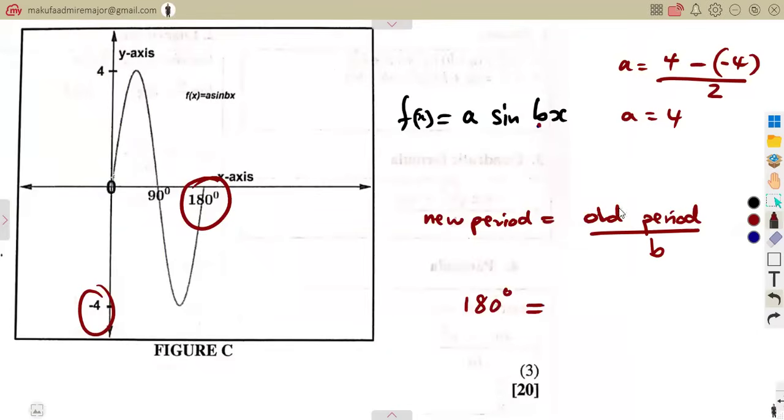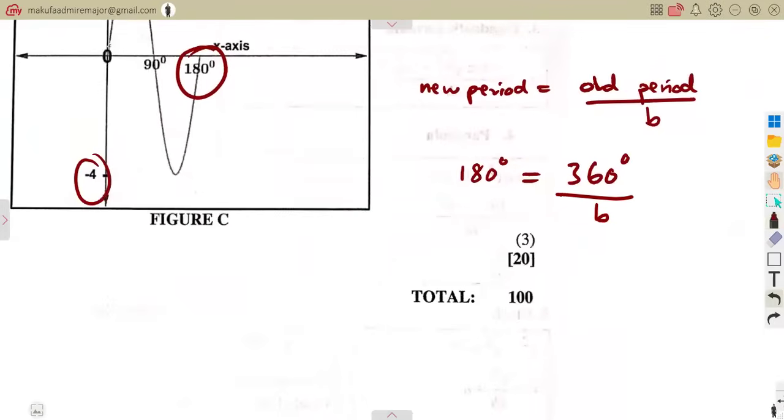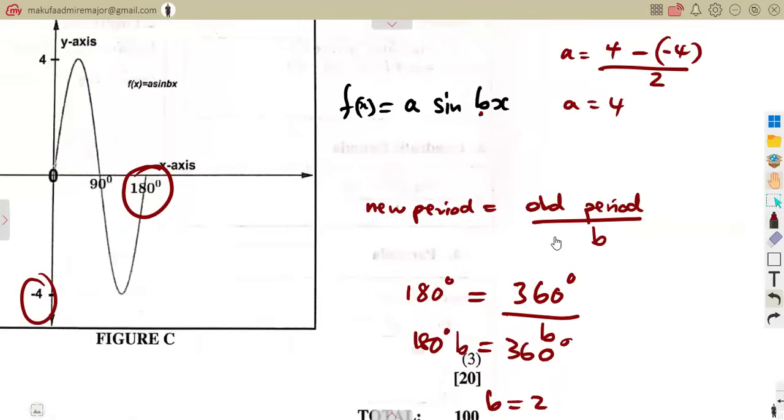The old period is the original period of the graph of a sine, which does not change. That is the old period of the graph of a sine, which is 360 degrees. So it is just like that over B. You can use this formula if you want. Cross multiply, that will be 180 B is equal to 360. So divide by 180, B was going to be 2. So B is equal to 2.